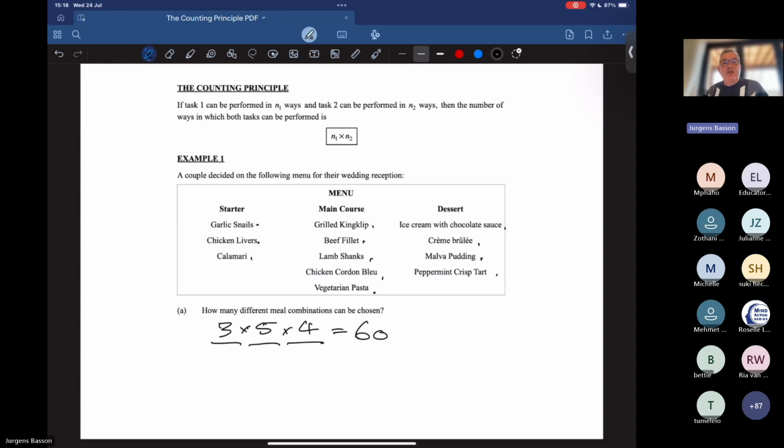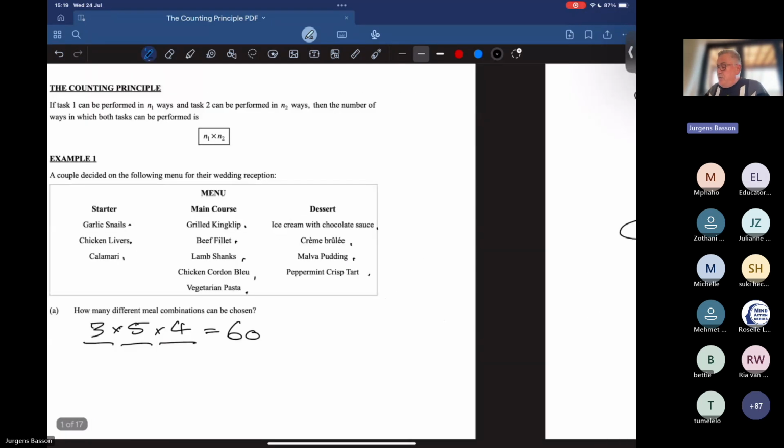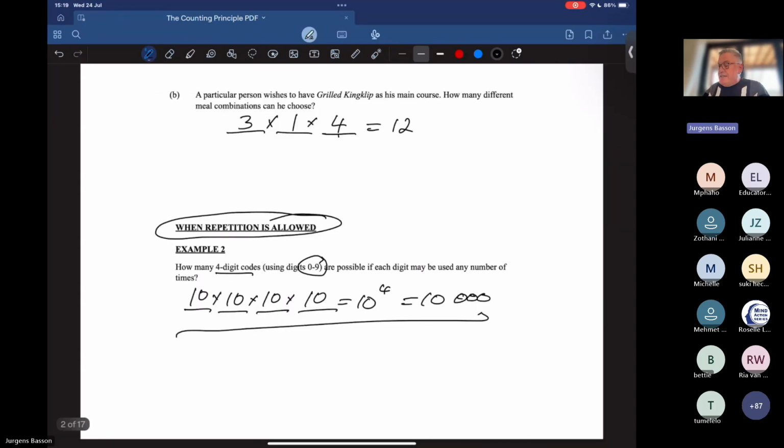But when we did the B part, that was when we say a particular person wishes to have grilled king clip as his main course. So this main course of 5 is now restricted to 1, to only king clip. Now that is what we refer to as a restriction on a position.